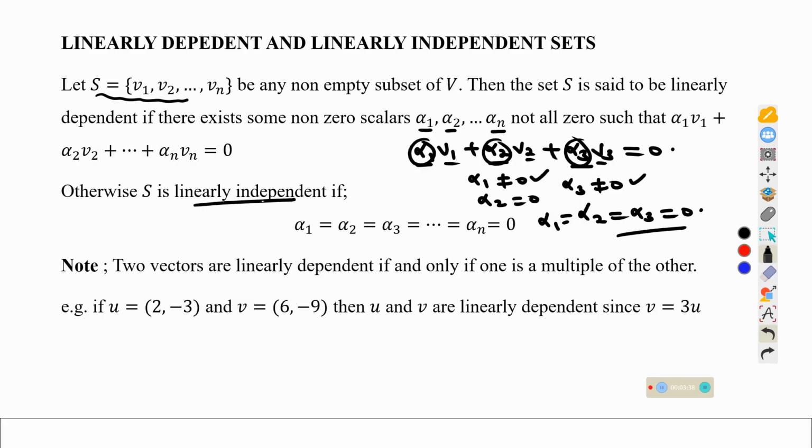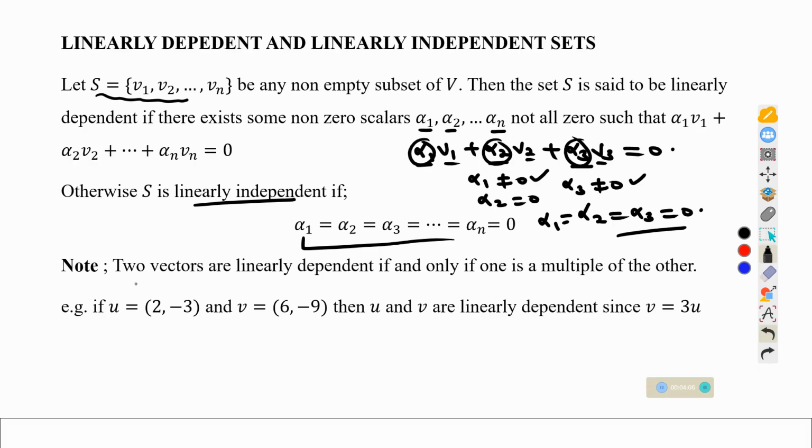Meaning that linear independence occurs only when all the scalars are equal to 0, the only value for these scalars is 0. But when one of the scalars is not equal to 0, then we shall say that the vectors considered are linearly dependent.